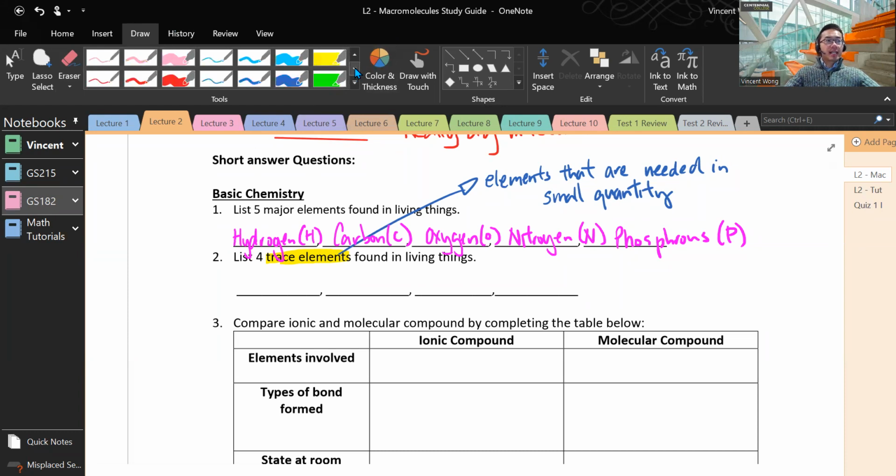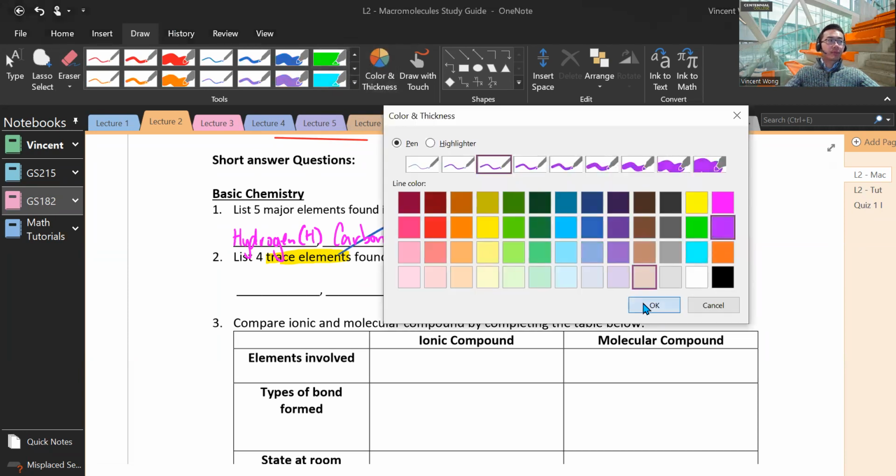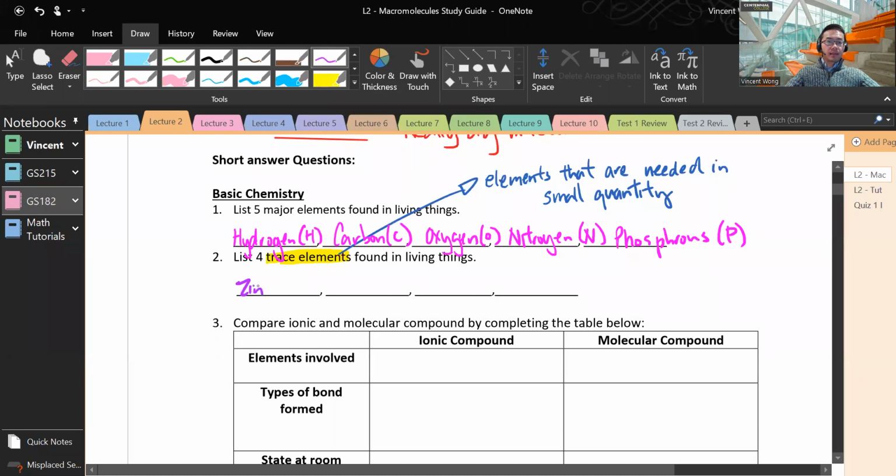Someone mentioned zinc and iodine. That's correct. So we can put those down here. Zinc, iodine. Iodine, for example, is needed to make your thyroid hormone. Your thyroid gland is up here. The thyroid hormone requires iodine, and it helps regulate your metabolism.